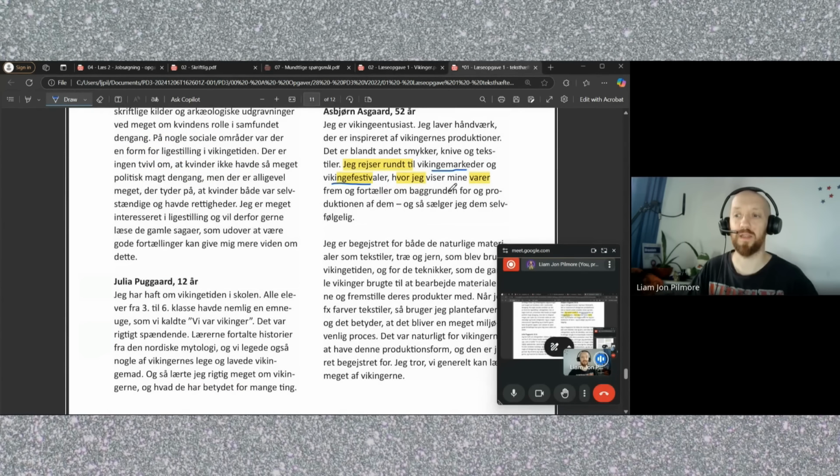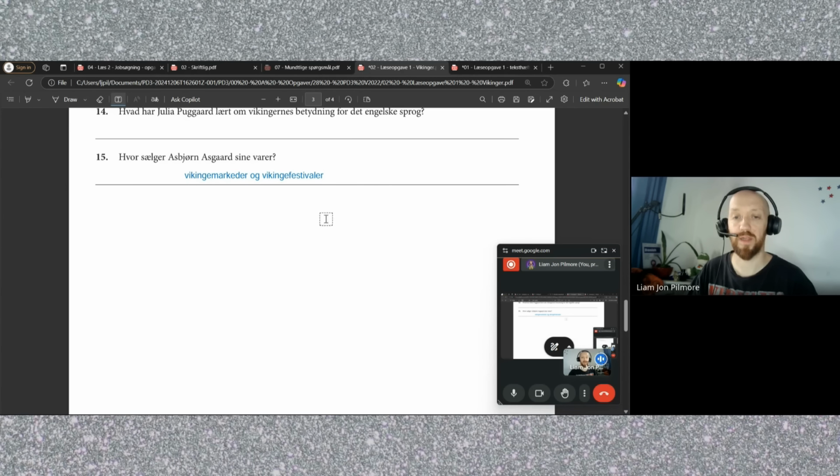Okay, so right at the end here we have: "Jeg rejser rundt til vikingemarkeder og vikingefestivaler, hvor jeg viser mine varer frem og fortæller om baggrunden for produktionen af dem. Og så sælger jeg dem selvfølgelig." So that was the key thing here, that he was selling them. So where is he selling them? Vikingemarkeder og vikingefestivaler. We can add that right down here, number 15, and boom, level complete.